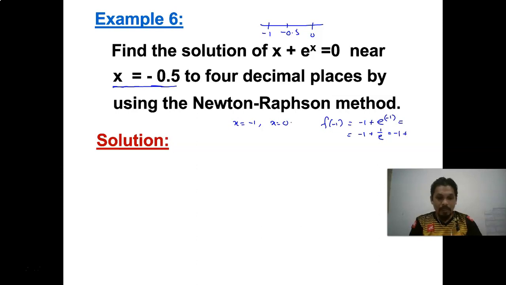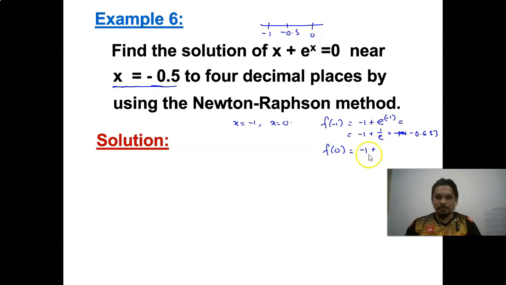So 1 divided by 2.71828 equals 0.367. So negative 1 plus 0.367, which is negative 0.633.